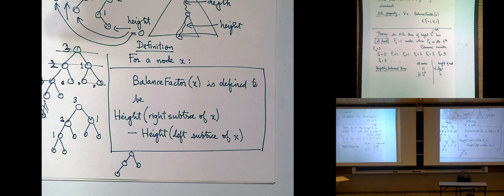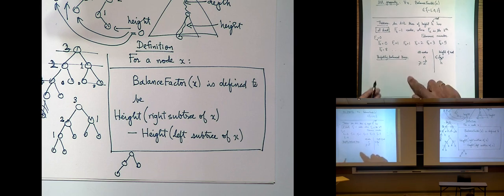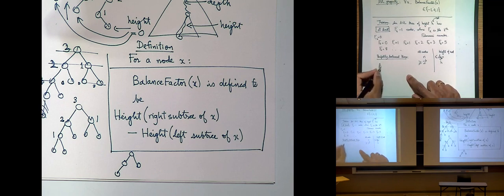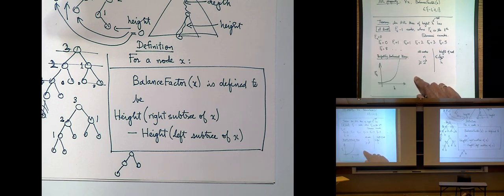For example, if you were to plot the Fibonacci numbers, so this is h, and I'm plotting what f of h looks like, it's going to look something like that. Now your ideal is the function 2 to the h. That would be perfectly balanced. This is going to be a little below that, but it's still going to be exponential.